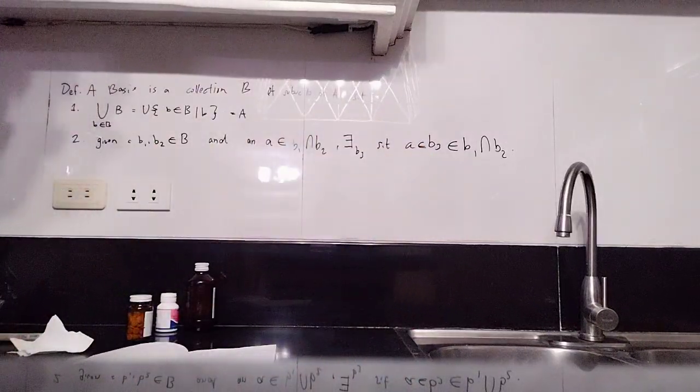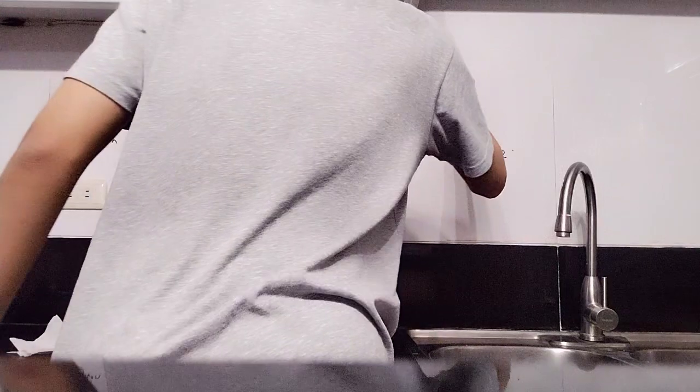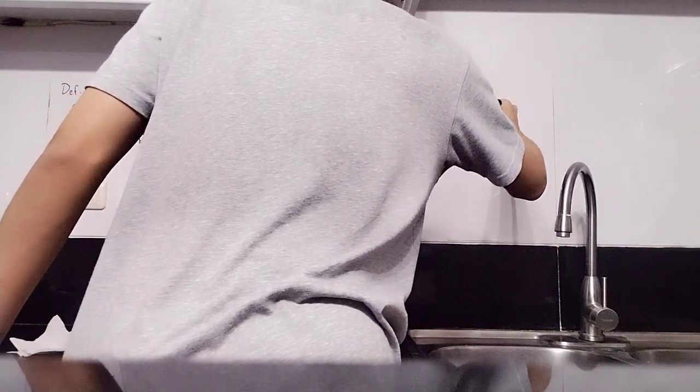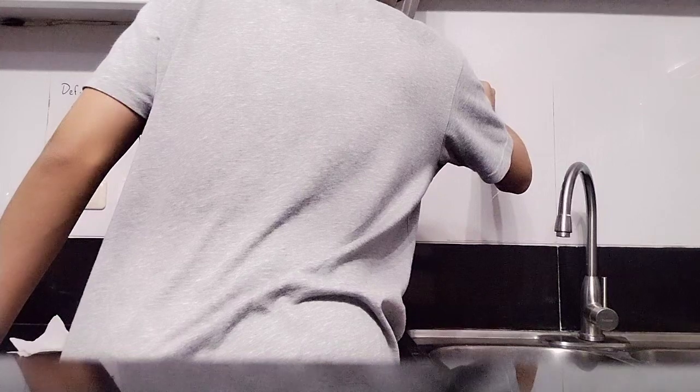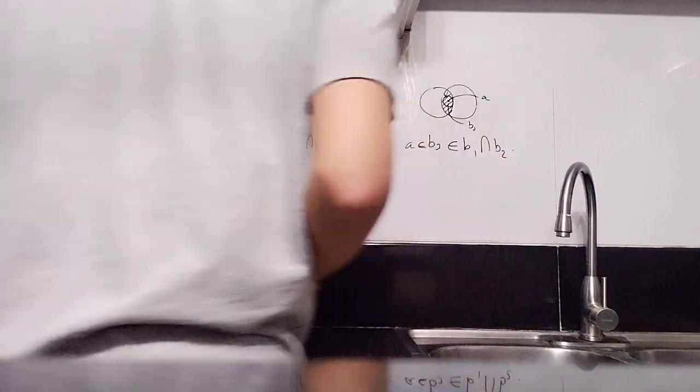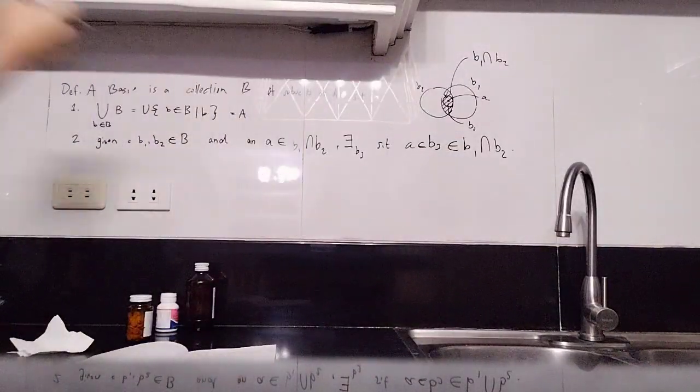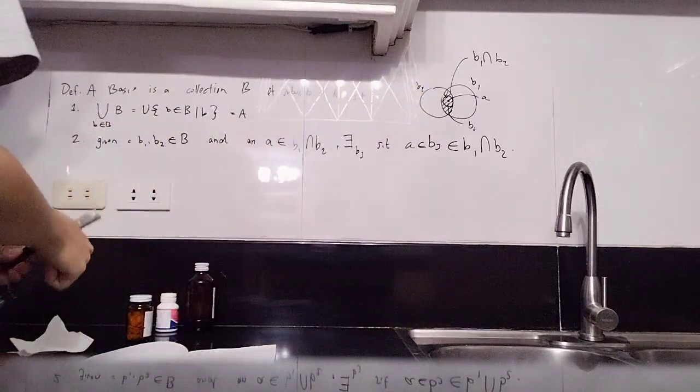So I have two sets, and then this is their intersection. I can make a subset that is precisely B3, and then there is an A inside here. That's A. If this is B1 and this is B2, this is the intersection of B1 and B2. So that's the picture of this condition.